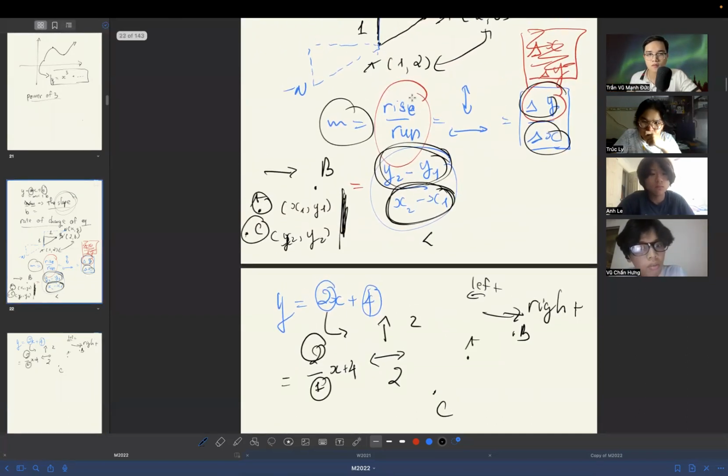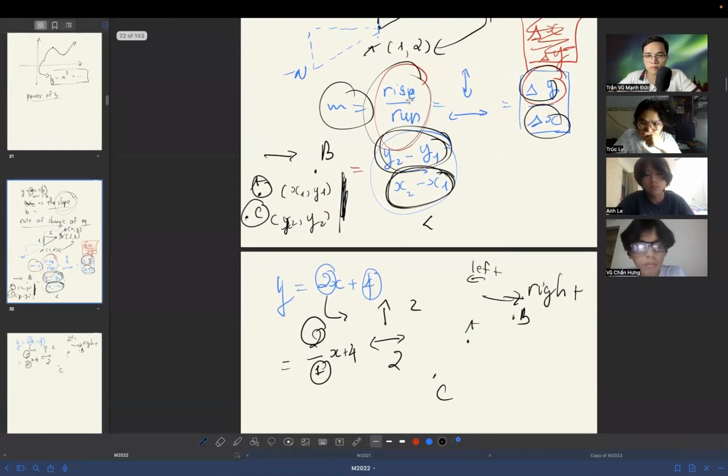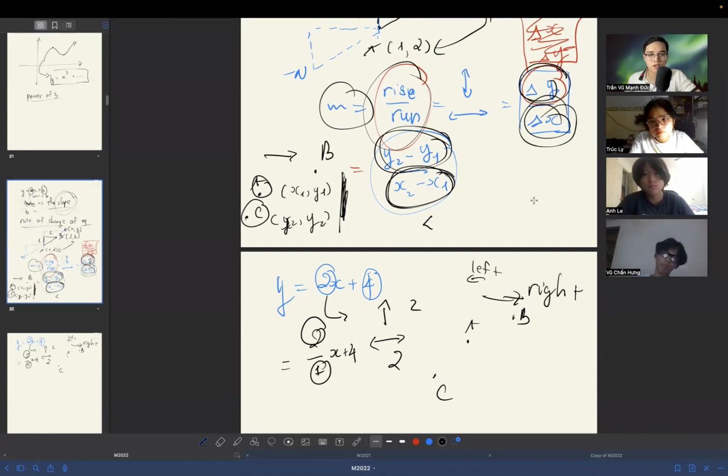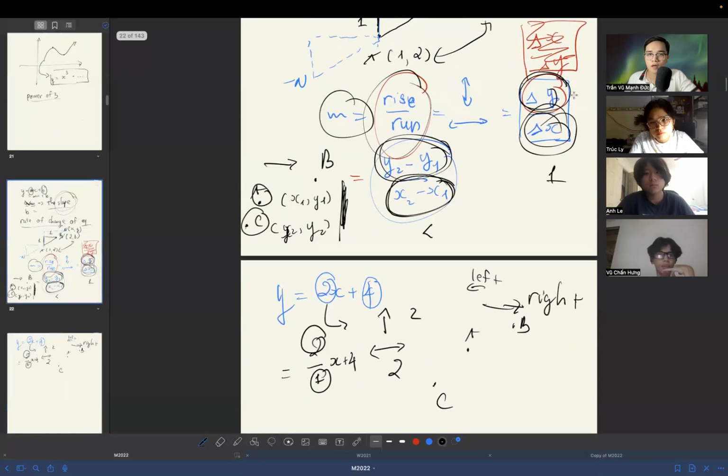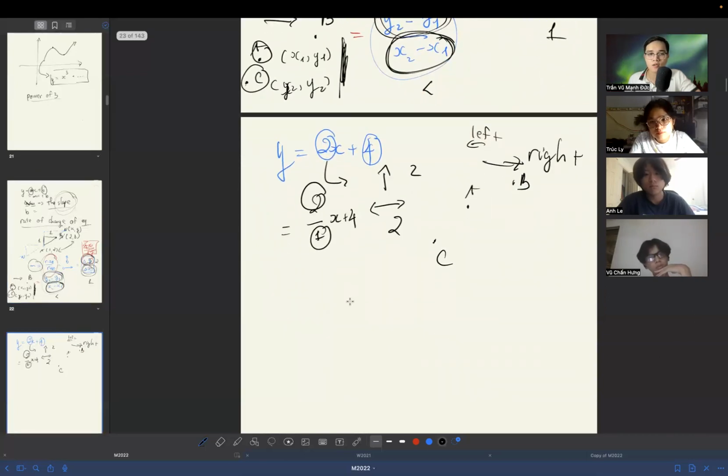Because remember, rise over run. Let's check. This is the rate of change of y, and this is the rate of change of x. The rate of change of x is 1, and the rate of change of y is 2. So y goes up 2, and x goes to the right 1 unit, because this is positive 1.